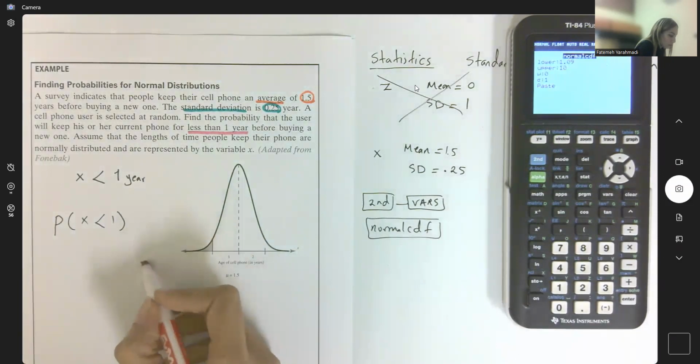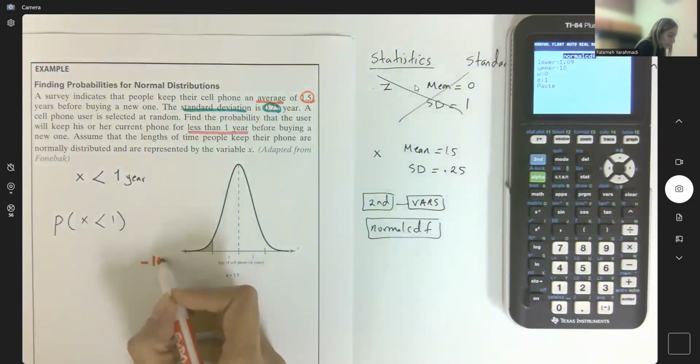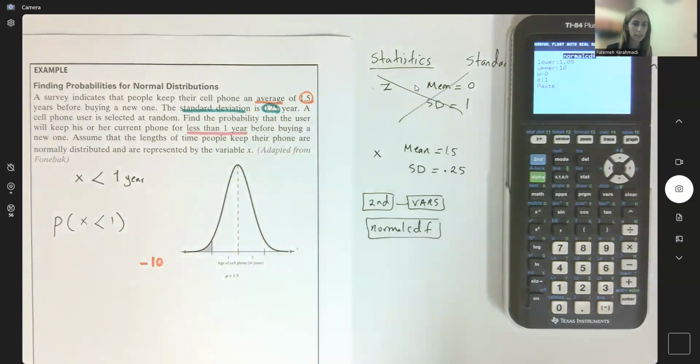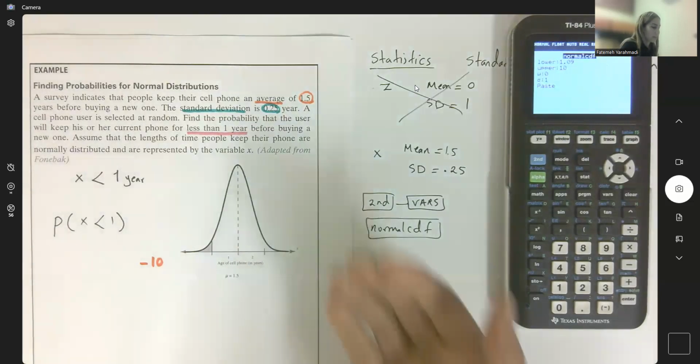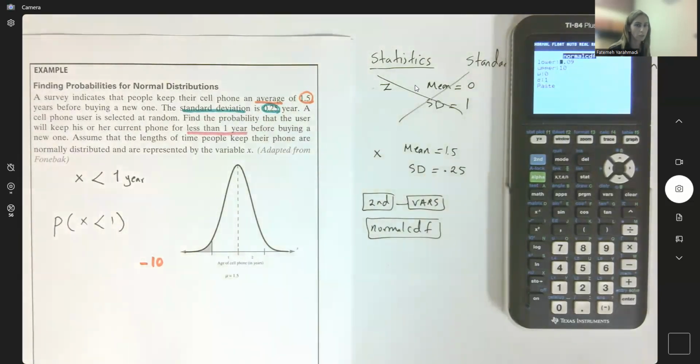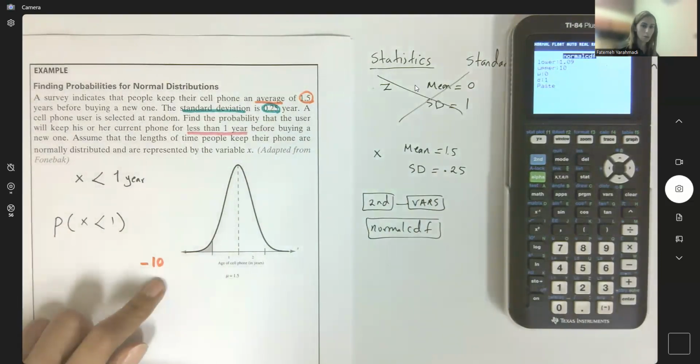a good lower bound can be -10, it can be -100, but take a look at the average here, 1.5. So you can select -100 as well. It doesn't change the probability very largely, it's just very small in decimal. So let us stick to negative 10.